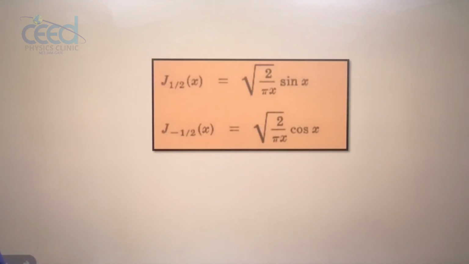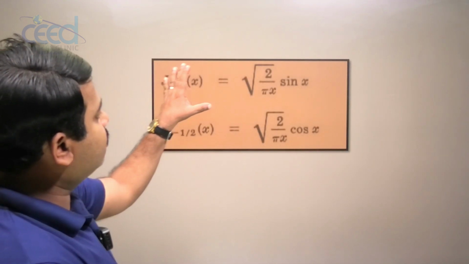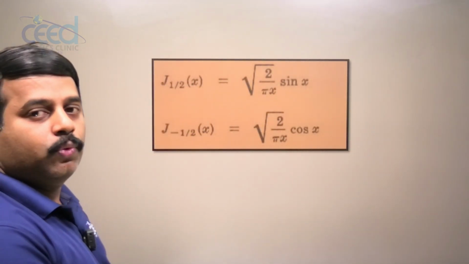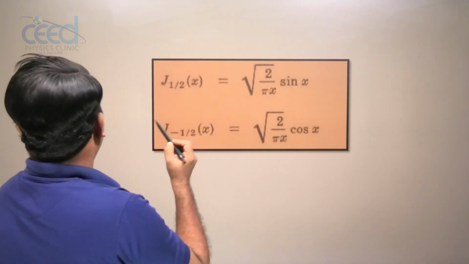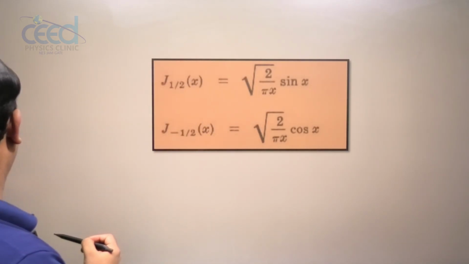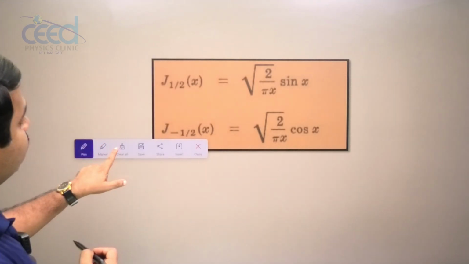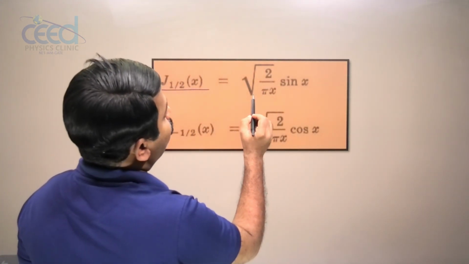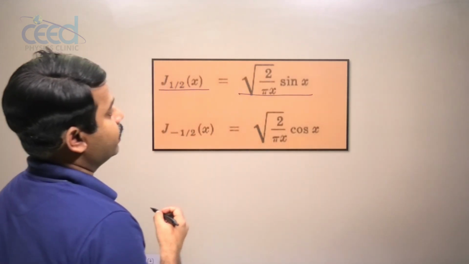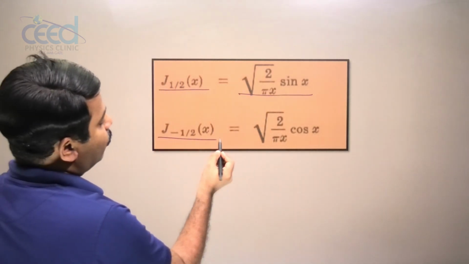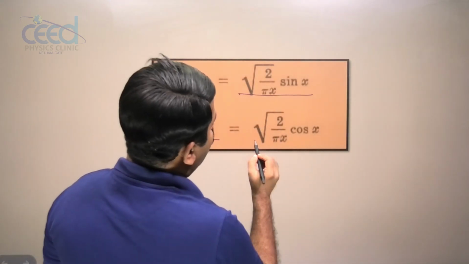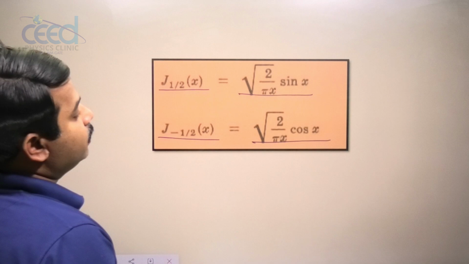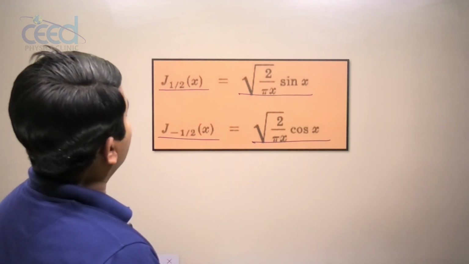So using that, now these two results are very important. J1/2 of x is equal to root 2 by pi x into sin x. J minus 1/2 of x is equal to root 2 by pi x into cos x. So these two results are very important.